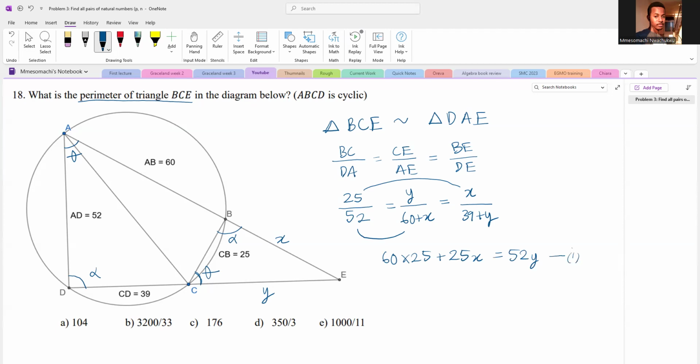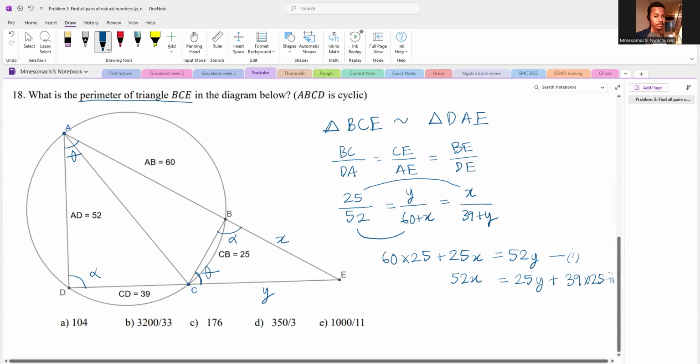We take the first and the third: 52X is equal to 25Y plus 39 times 25. We call this the second equation.